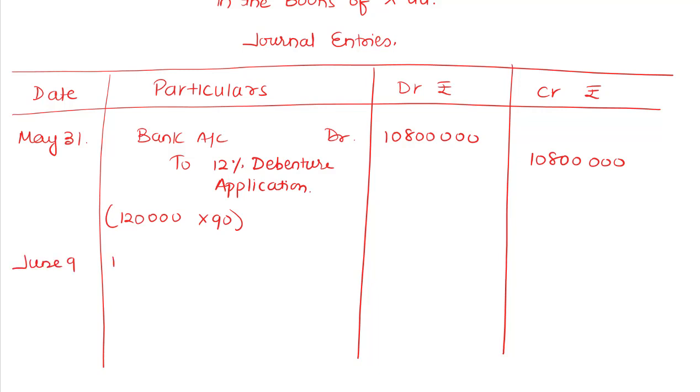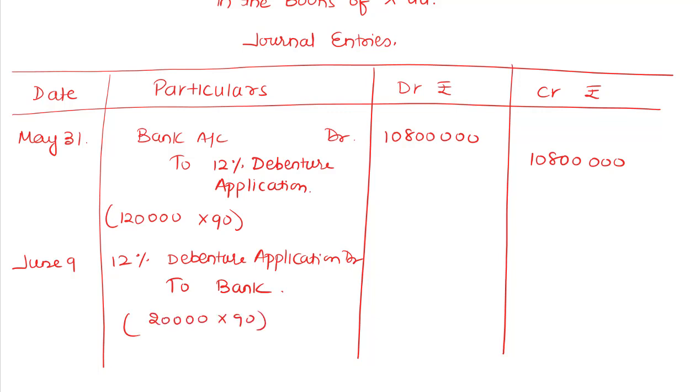On June 9, 12% debenture application debit to bank account, extra 20,000 refunded, 20,000 multiplied by 90, 18 lakhs.